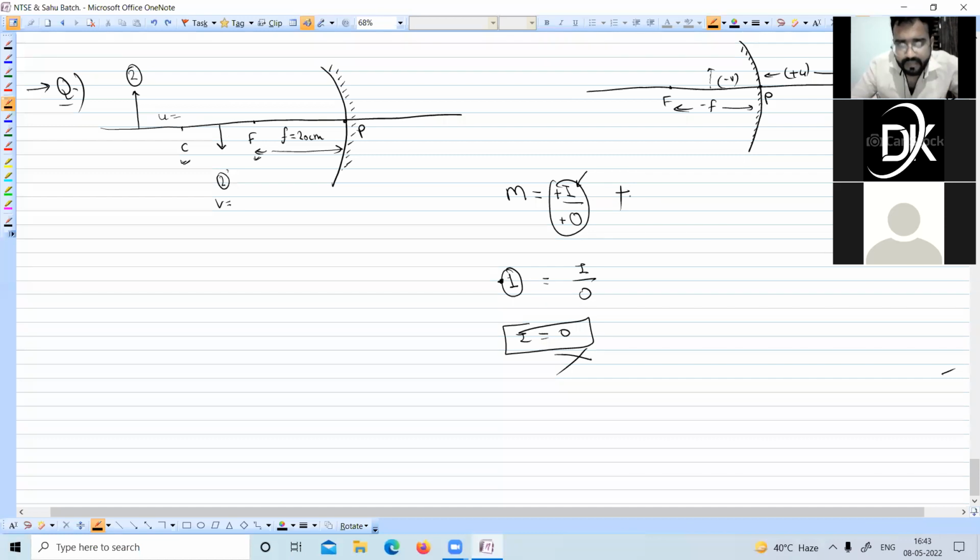So the answer should come negative, and a negative answer means the image is inverted. It will be a real image because real rays are intersecting. It is the case of 1 to 5 object locations. So minus 30 centimeter means from the pole you move in the negative direction till 30, and then you will get V. Is it clear?